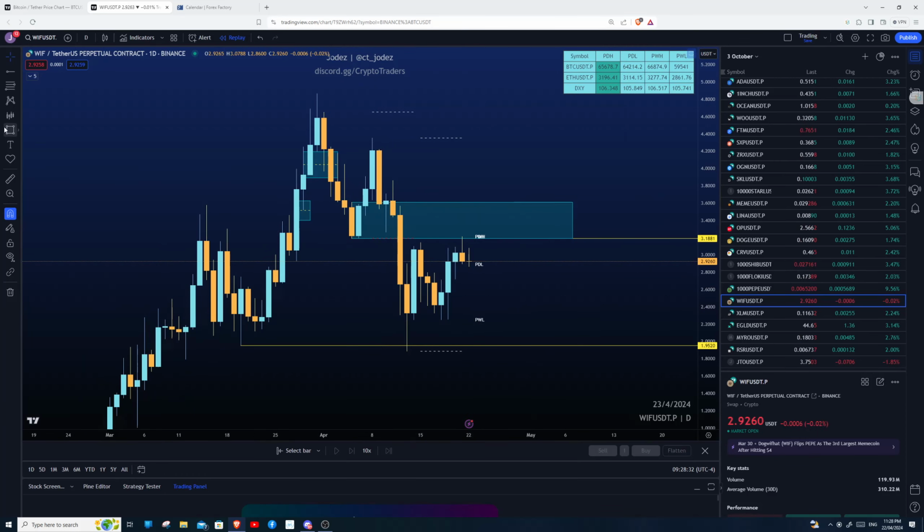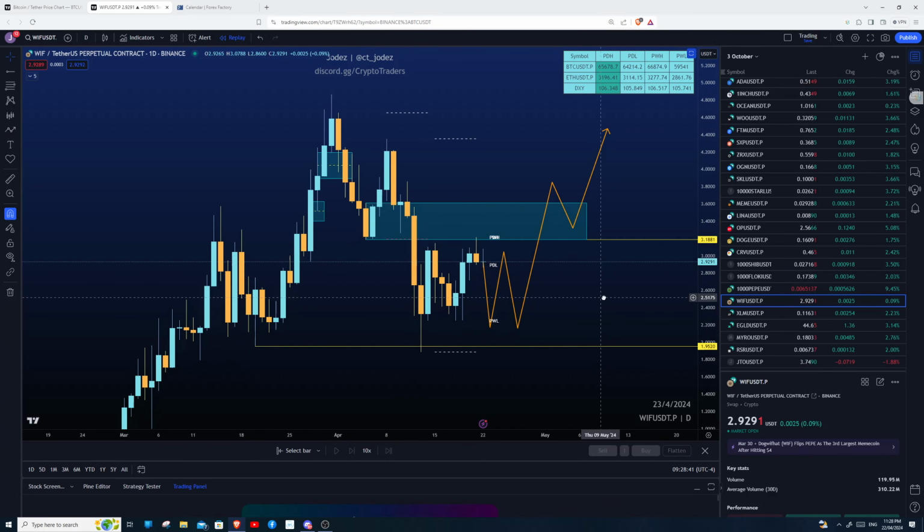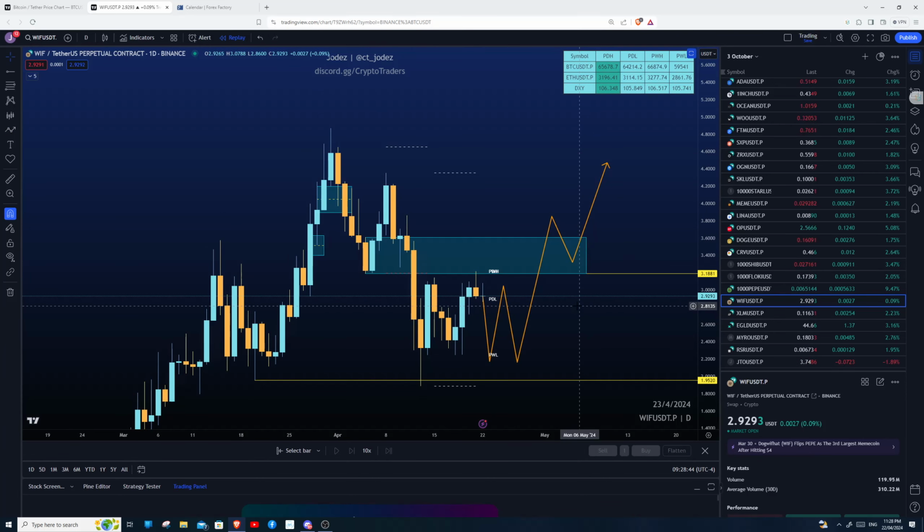So what can happen here is price consolidates for a while, and then it can attempt to break above this bearish breaker block.